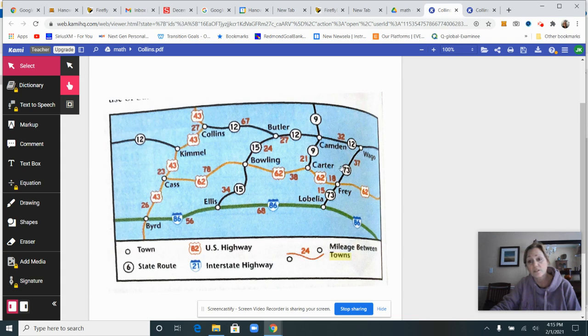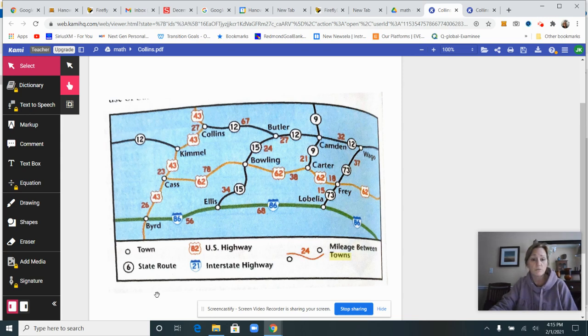So let's say we start here at Wago, and we go to Camden, that's 32 miles. Then we go to Butler, that's 27 more miles. Then we go to Bowling, that's 24 miles. So to figure out your total miles, you'd have to add the 32, the 27, and the 24.